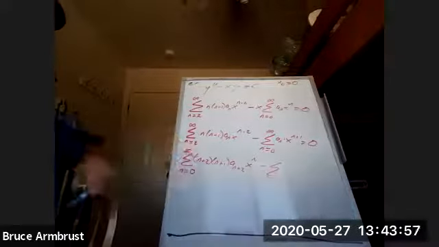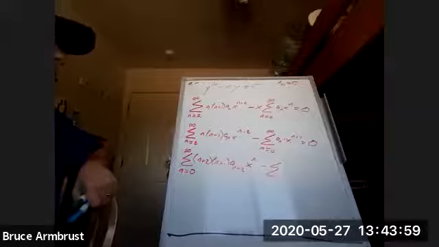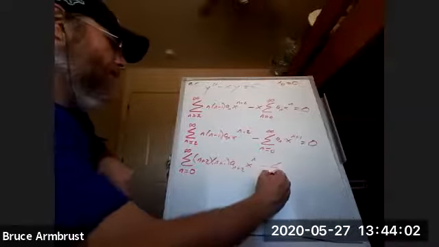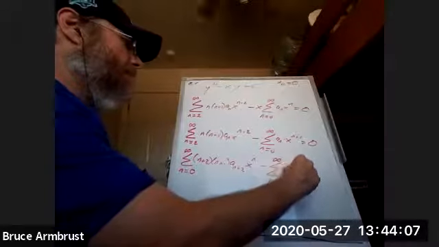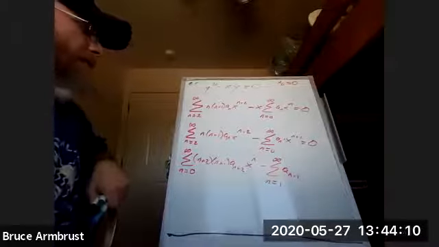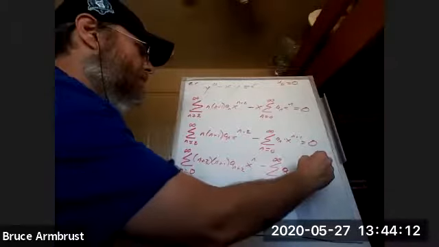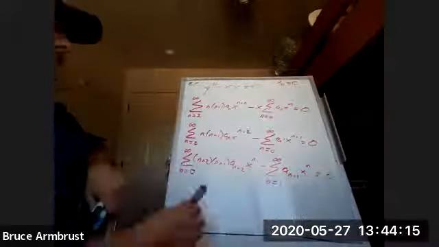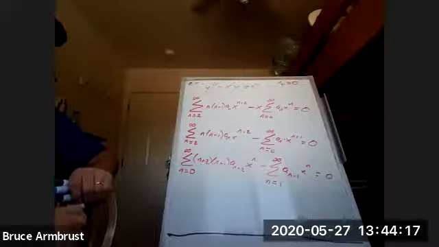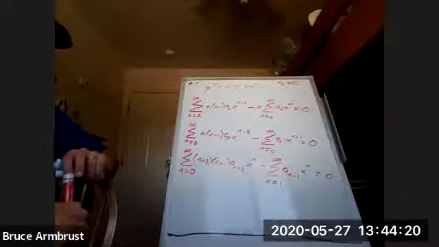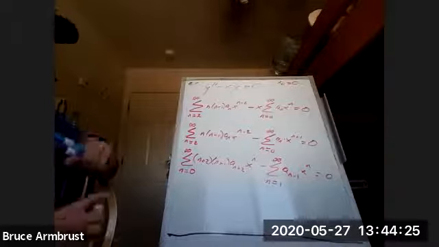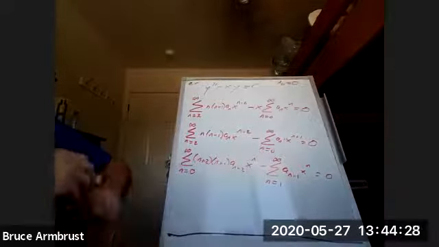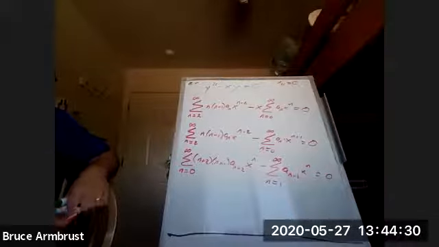And then the other one, I'm going to shift it by 1, but the other way, so that we get a sub n minus 1 times x to the n. I think this will be easier if we just have both as x to the n than trying to deal with some sort of weird x to the n minus 2 or x to the n plus 1 or something like that.